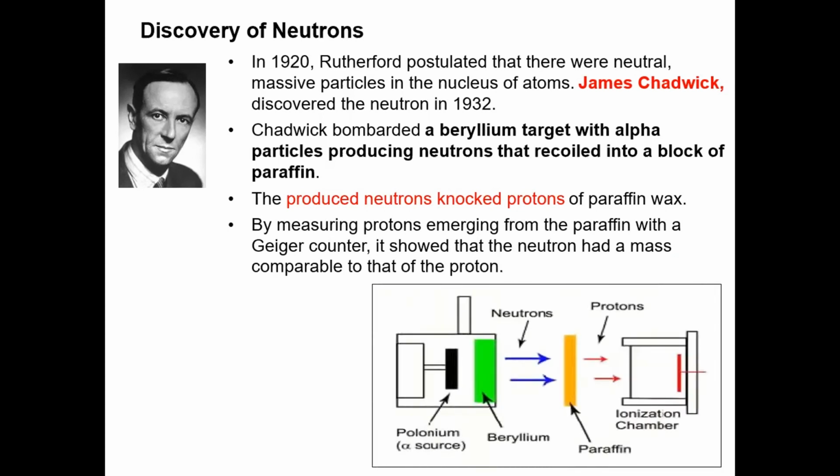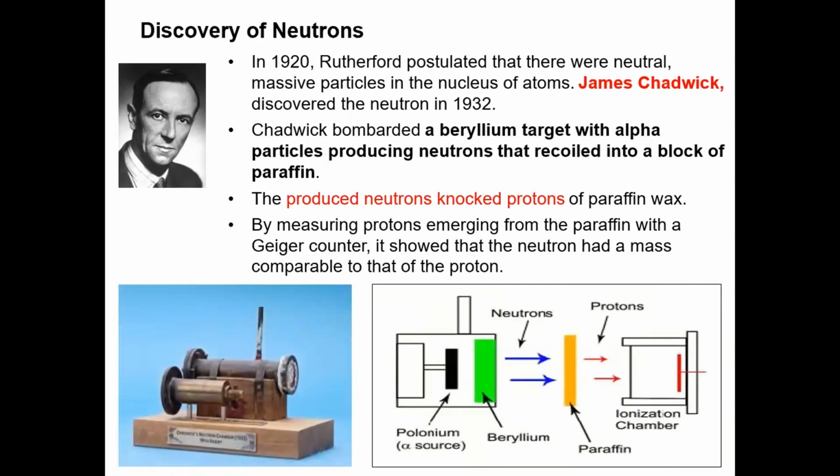If we look at the simple schematics of the experimental setup, then we see that the first is a polonium source, which is an alpha source. It emits alpha particles, and in front of that, the beryllium is placed. So the nuclear reaction takes place, and as a result, neutrons are emitted, and these neutrons travel towards the paraffin.